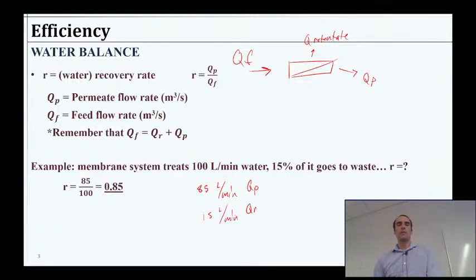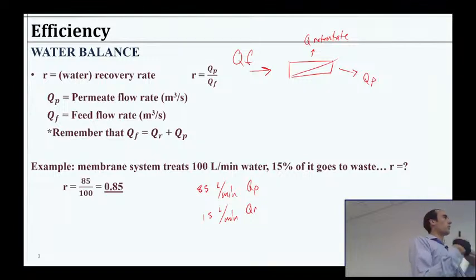That's the waste, right? So when we have a membrane treating water and we're using the permeate, then what's wasted would be the retentate. It's collecting the particles. Occasionally we want to collect particles for an application, but typically for water treatment we are just discarding that to waste.